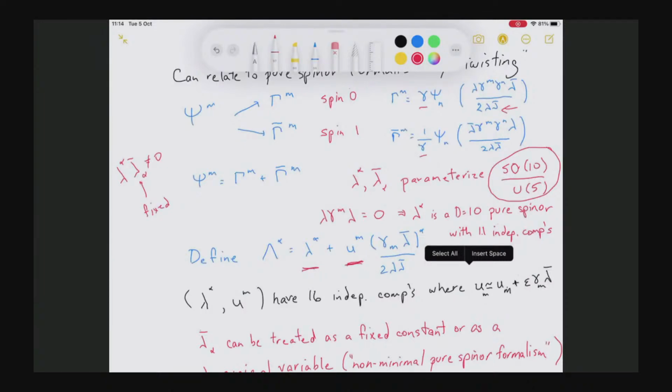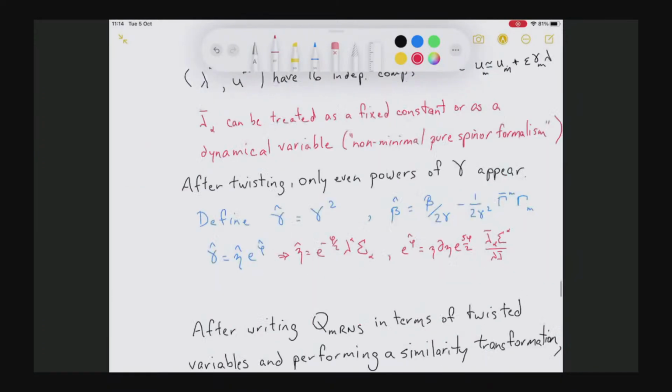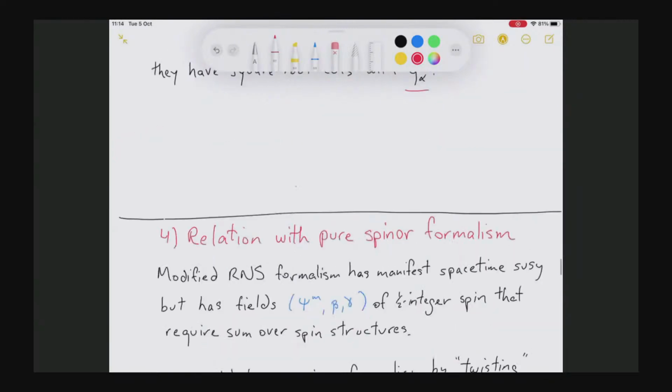I haven't told you anything about the superconformal generators. It turns out that there is a way to understand, of course, the RNS formalism, before adding these auxiliary variables, had an n equals 1 superconformal generator. So we had G. And when you do this twisting, it's natural to think of this splitting into G plus and G minus.